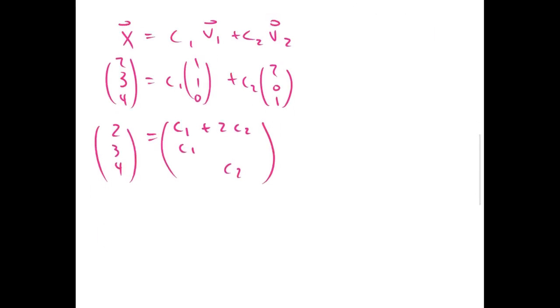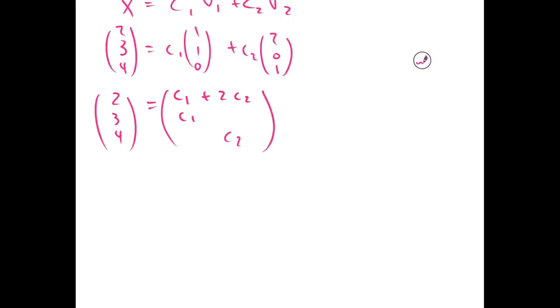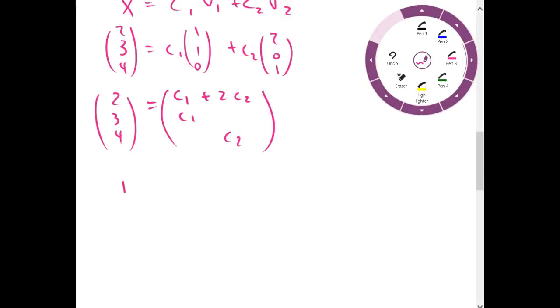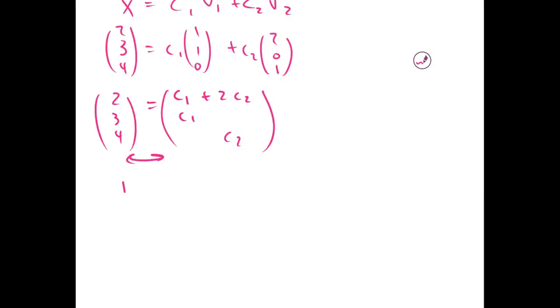And now we just have to solve the system. And the way we do that is we put this into the augmented form. So flipping these two around, we get 1, 2, 1, 0, 0, 1, and 2, 3, 4. And we go about reducing this.